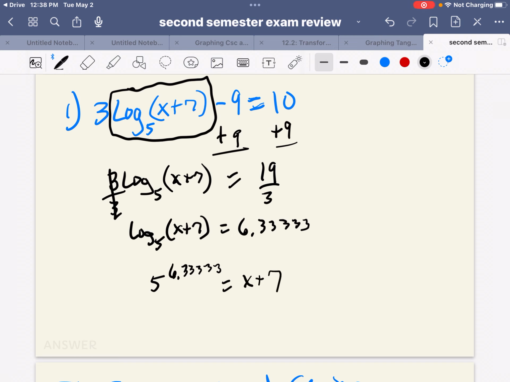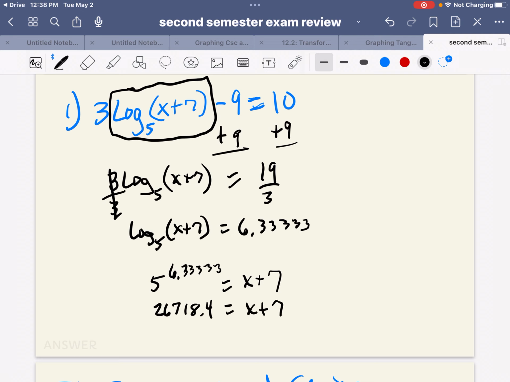So I'm going to grab my calculator and raise 5 to the 6.33333 power, which is 26,718.4, equal to x plus 7.